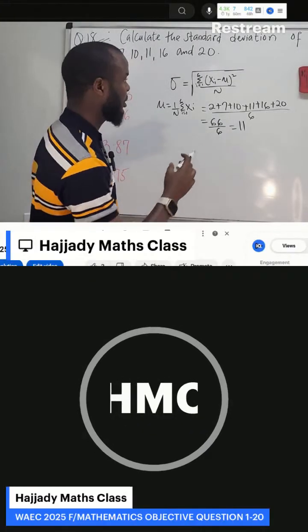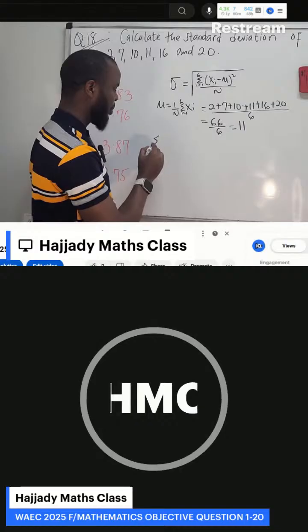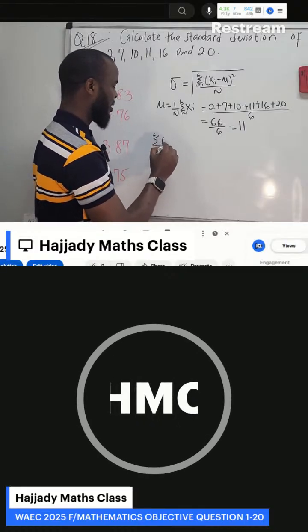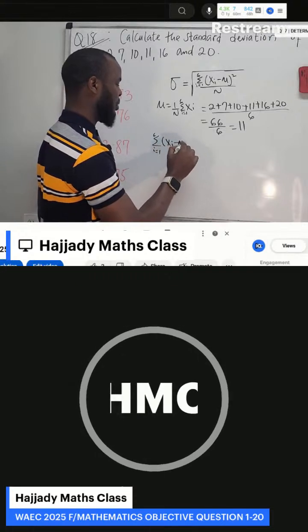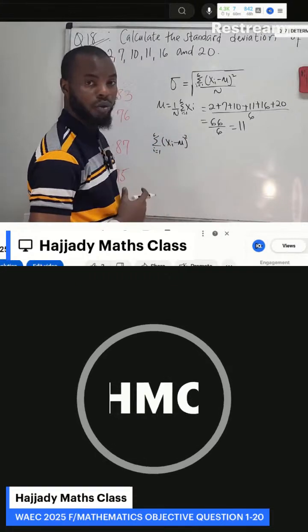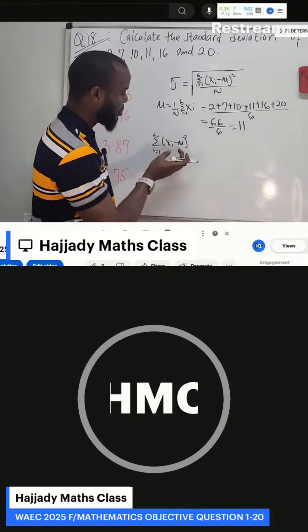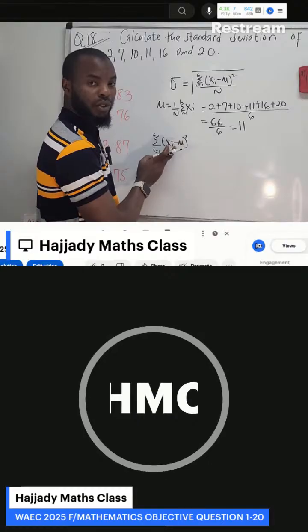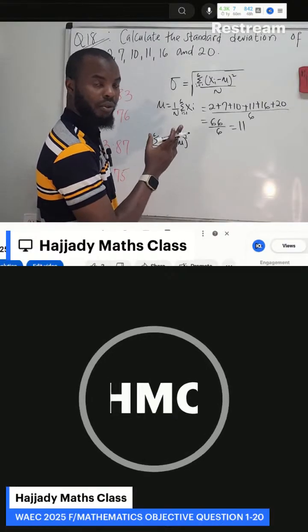Now, let's plug this into this. Let's compute our summation of xi minus mu all squared. So to compute this, that means you want to subtract the mean from each of the observations and square the values.